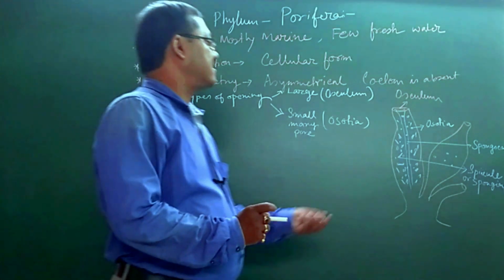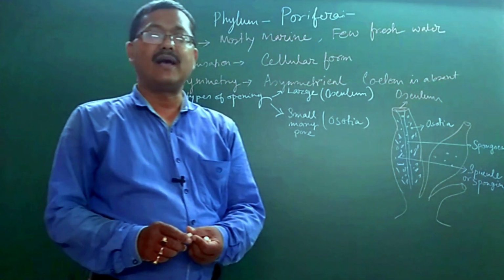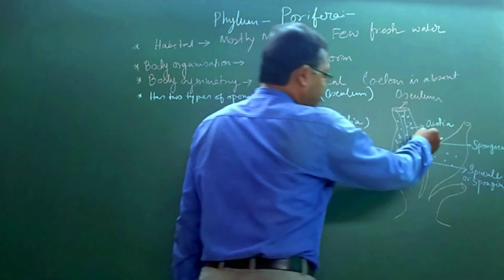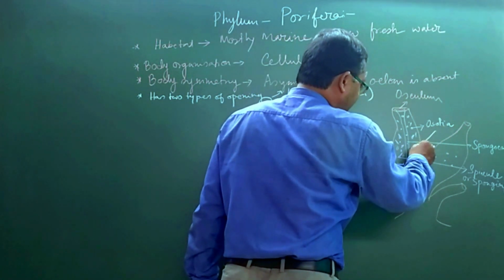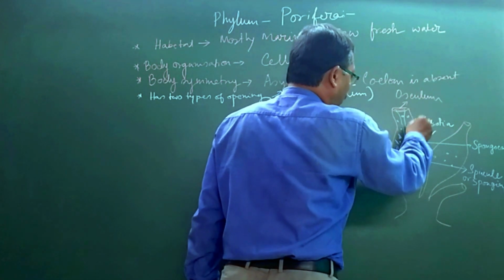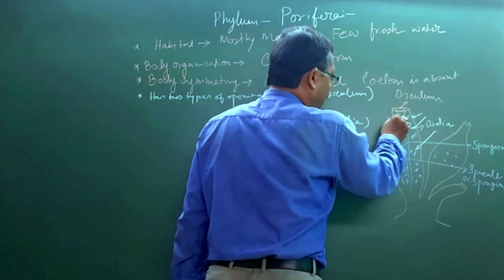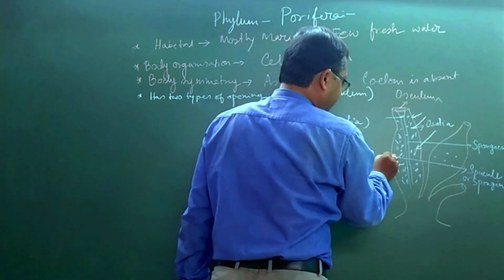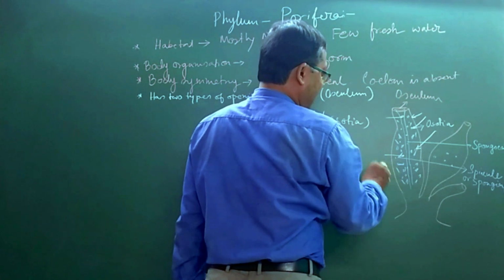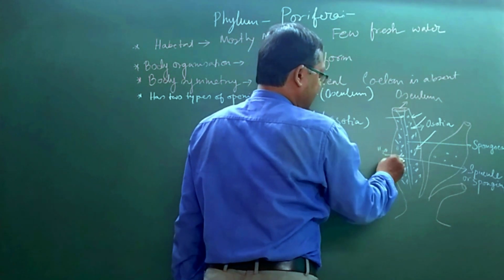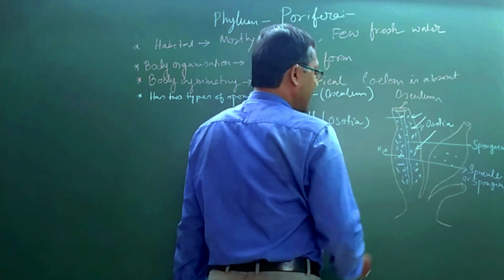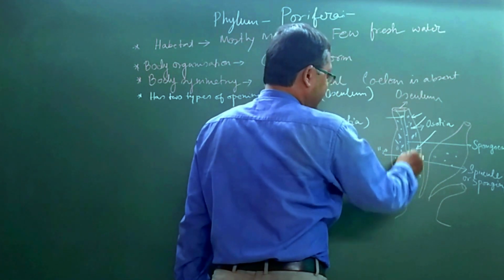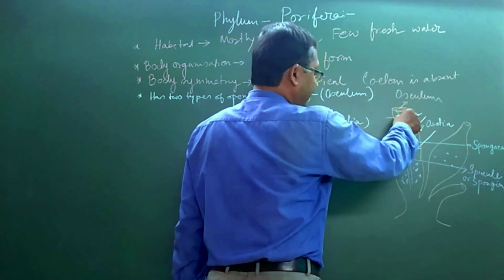As these specimens live in the sea, the external water enters through these small pores, the ostia. This water ultimately reaches the cavity, the spongocoel.